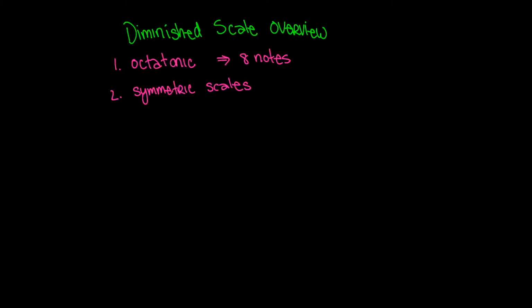The diminished scale is actually divided into 2 modes, and you can build it using the half whole model. The other model that you can use would be the whole half model.